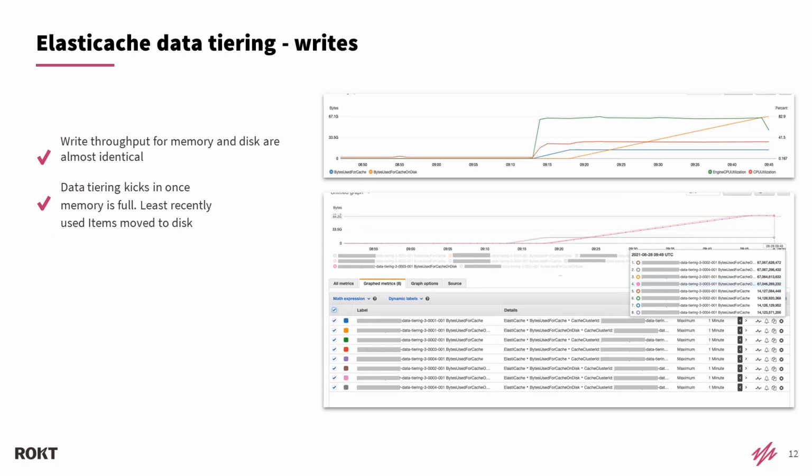We've benchmarked our batch writing, which is the heaviest operation that we do. And we can see that the write throughput for memory and disk are almost identical. And data tiering kicks in as soon as memory is full. So least recently used items get evicted onto disk.